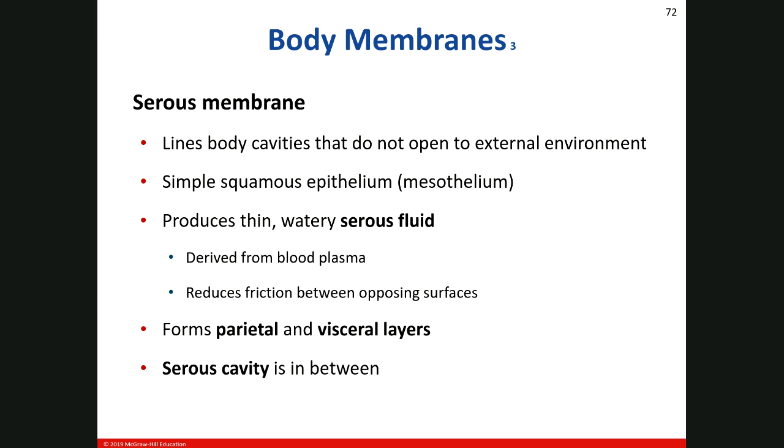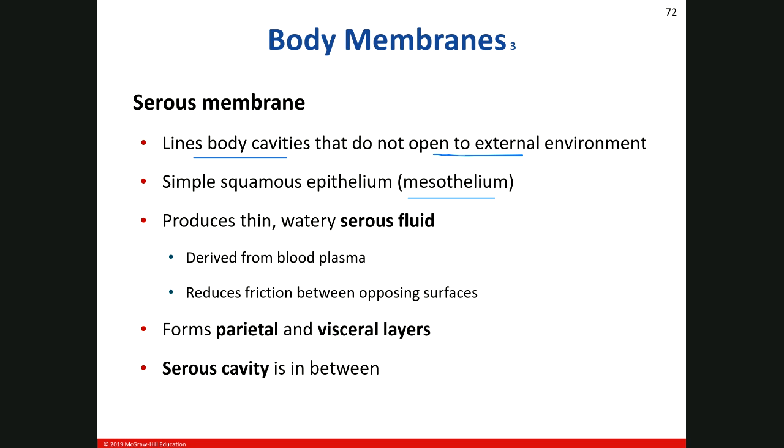Our serous membrane, just a quick review of that, because we talked about it back in chapter 1. This is the membrane that lines the body cavities. It is not open to the external environment, and I didn't mention this before. We refer to this type of epithelium as mesothelium, because it's made up of simple squamous epithelium.